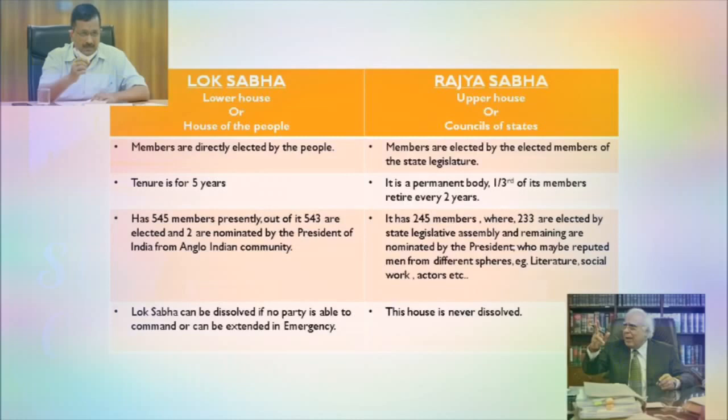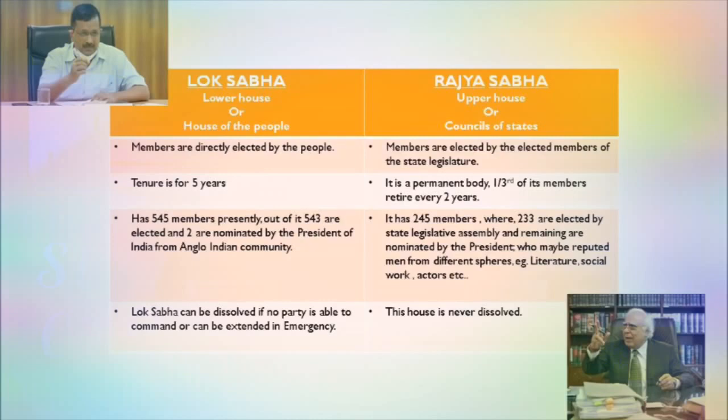The members of the Lok Sabha are directly elected by the people for a tenure of 5 years, but the members of the Rajya Sabha are elected by the elected members of the state legislature.